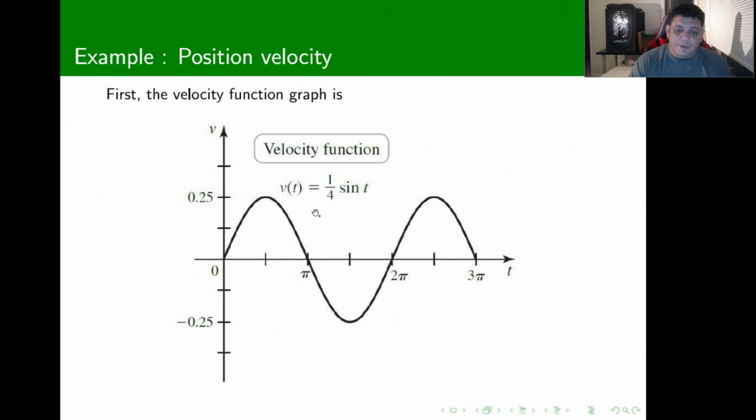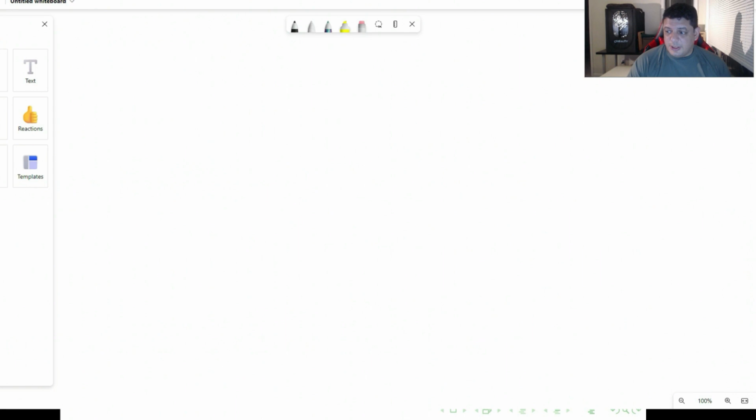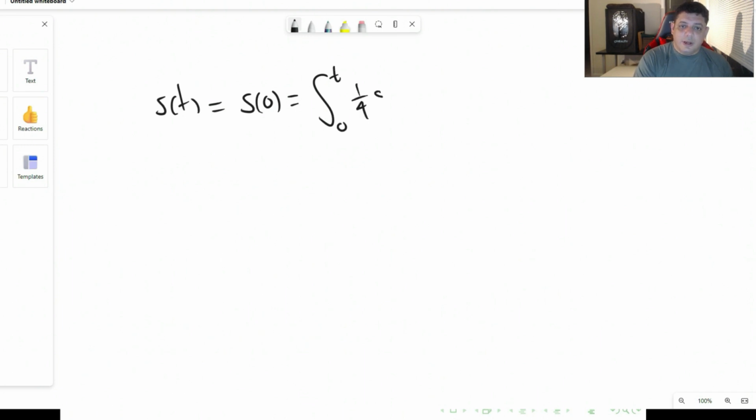Remember that everything is going to be in terms of the initial position, which is minus 1/4, and this function here. So if I'm expressing the function with the formula we just saw, s of t equals s of 0 plus the integral from 0 to t of 1/4 sine of t dt.